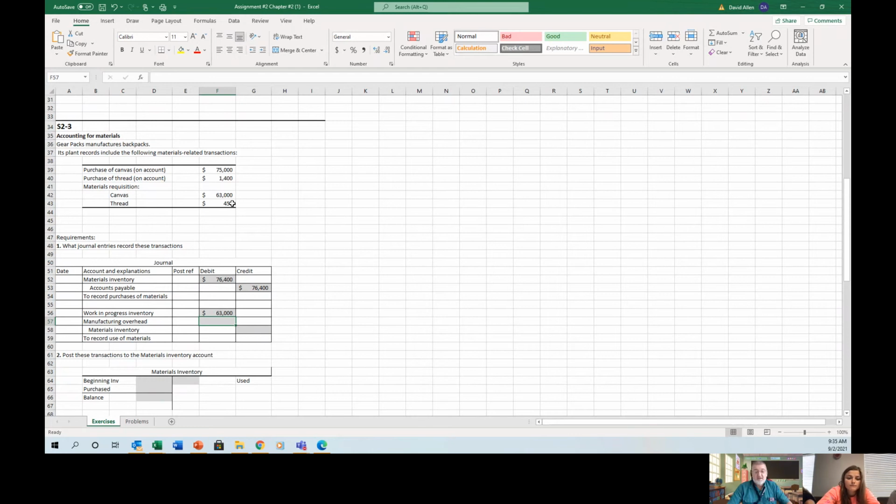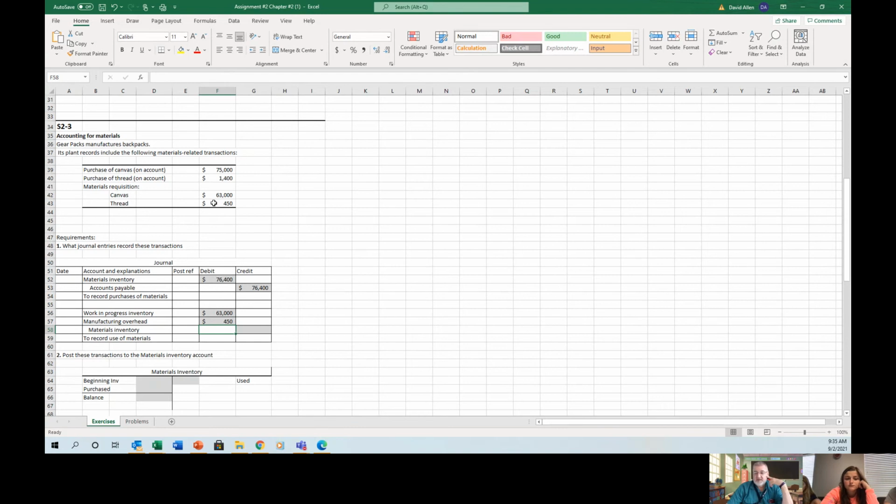You may get one spool, and that one spool may be able to make all 63,000, or that one spool may be enough to make $120,000 worth of backpacks. So the thread's going to be an indirect cost. So our manufacturing overhead is going to be our thread.